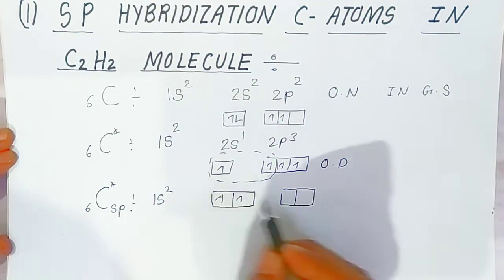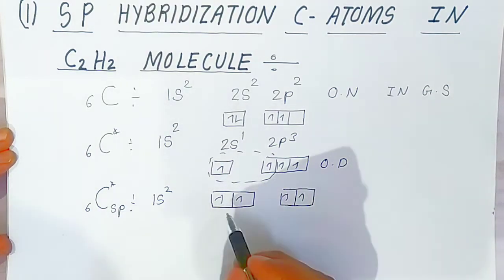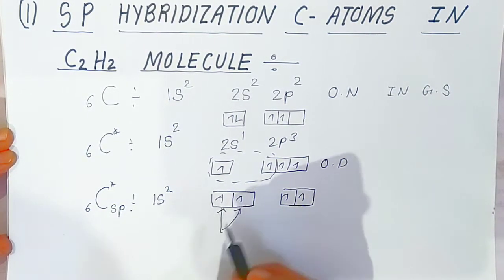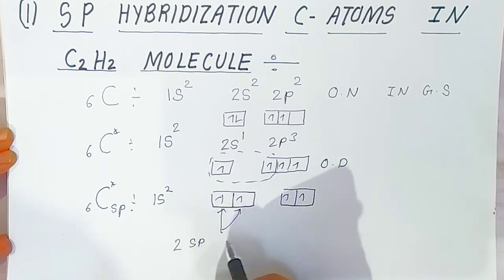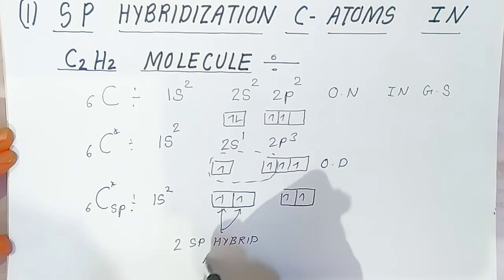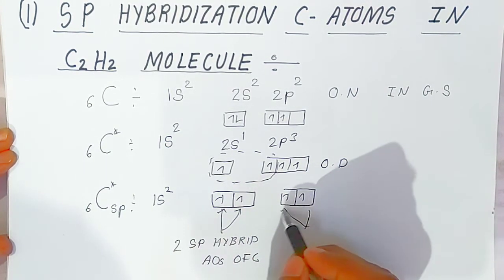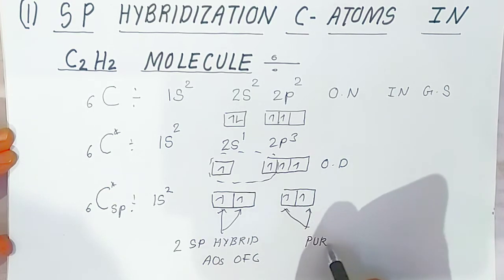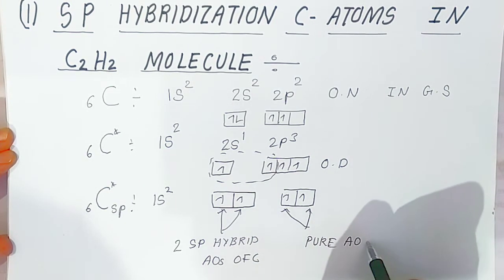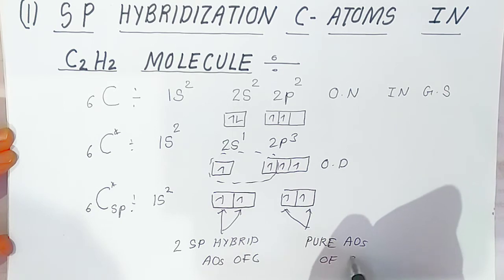So these are the two sp hybrid atomic orbitals of carbon, and these two are the pure atomic orbitals of carbon.